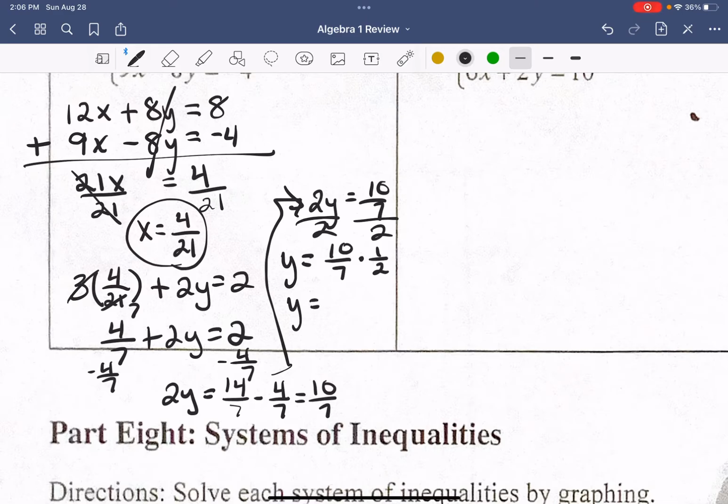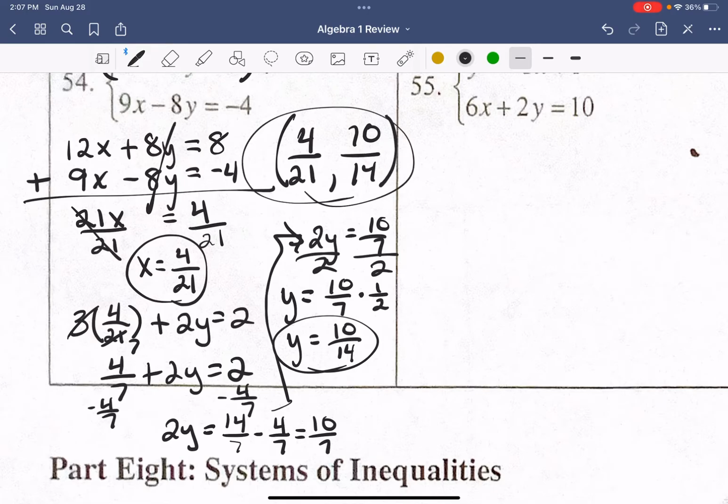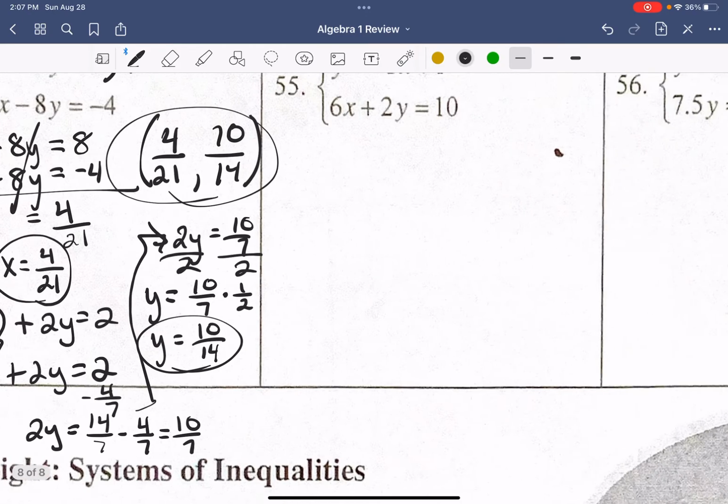And I get y equals 10 over 14. So if you wanted to properly put your answer together, you're going to put your x value and then your y value into a point because the solution to a system of equations is a single point.